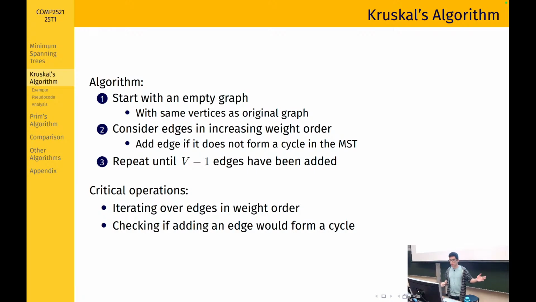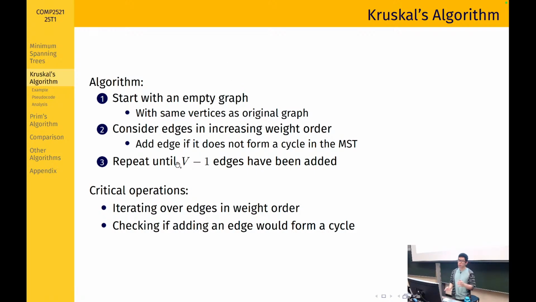Why don't we add an edge if it creates a cycle? Because then it wouldn't be a spanning tree anymore. Remember, a spanning tree doesn't have any cycles. We just keep doing this: we go down the list of edges and keep adding edges while they don't create a cycle, until we have a spanning tree.